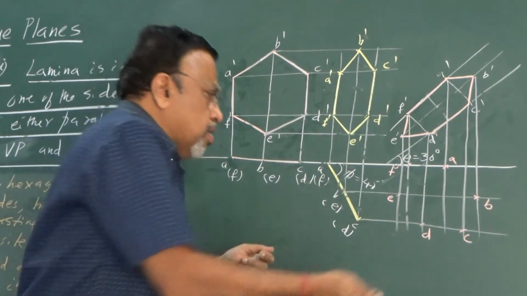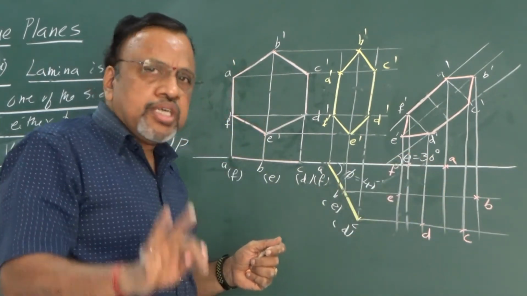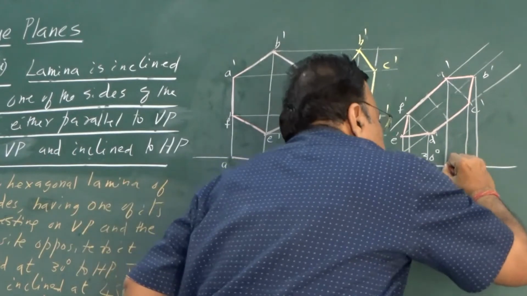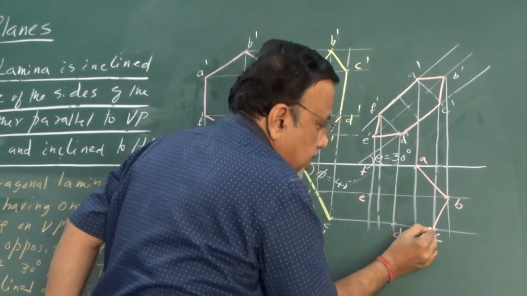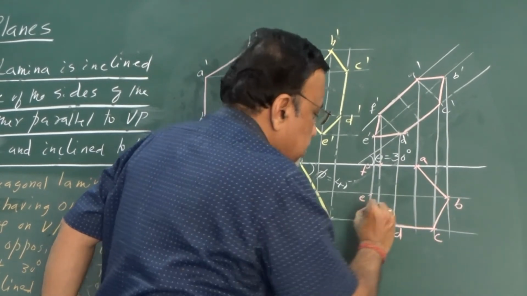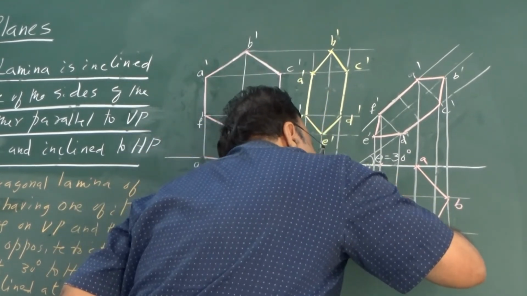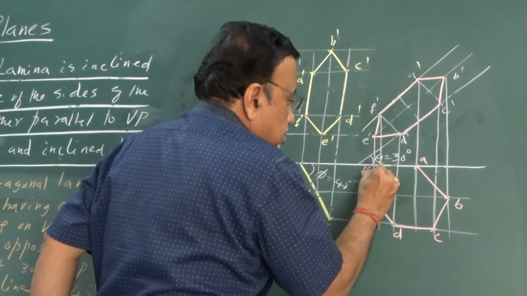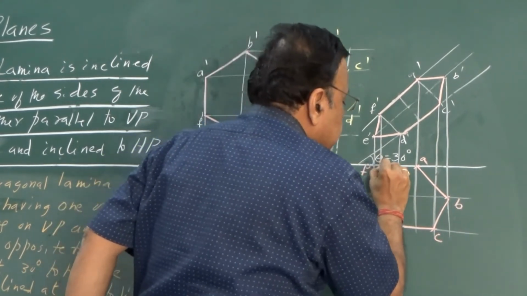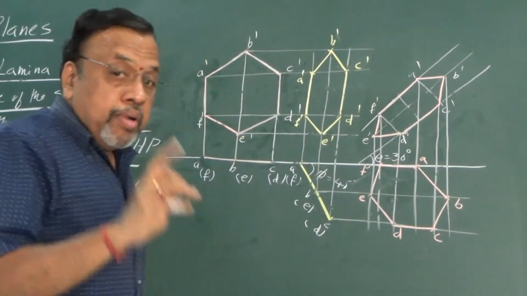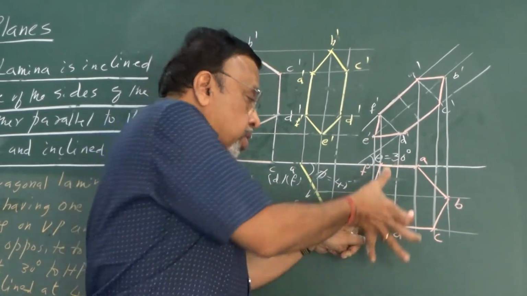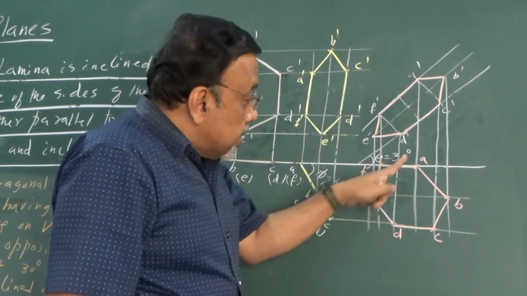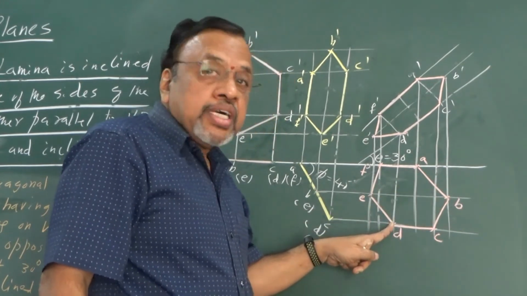Now what all I need to do? I need to simply join them in the same proper sequence. So what is the sequence you are following? A to B, B to C, C to D, D to E, E to F, and F back to A. But remember, once you get this new top view, you see that this side is parallel to this side.